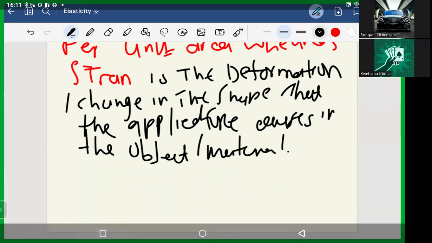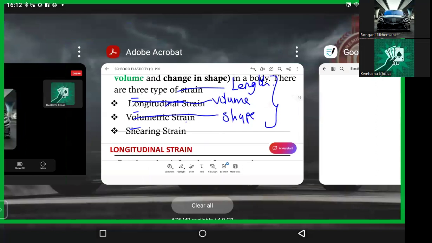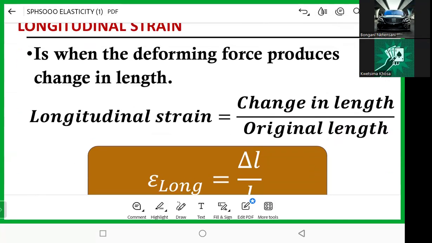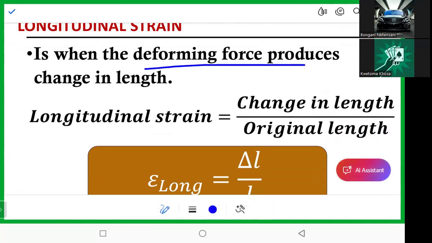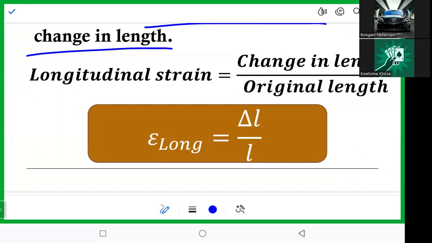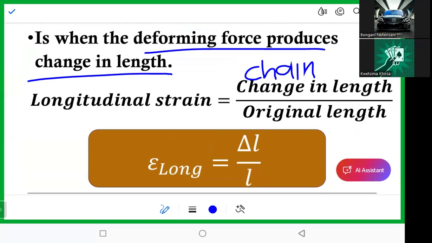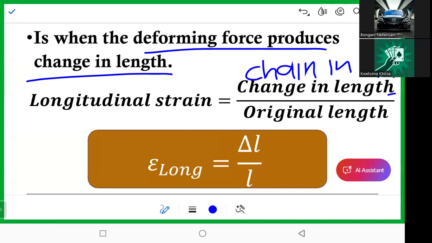And then we'll move to those types of strain, right? Now we want to check the first one, the longitudinal strain, which focuses on the deformation which produces a change in length. So the formula will be like this. Remember, the general formula for strain is change in dimension. So our dimension here is length.